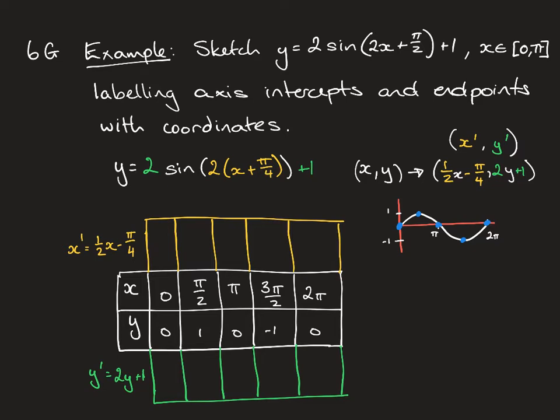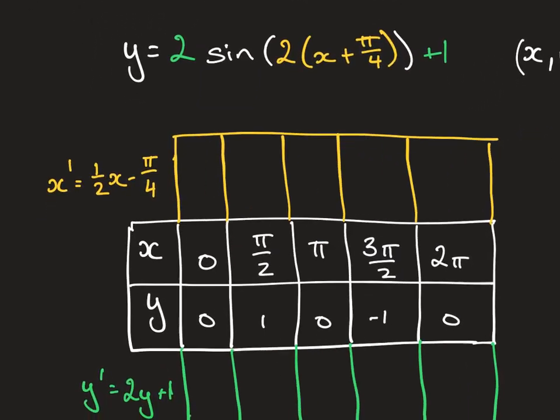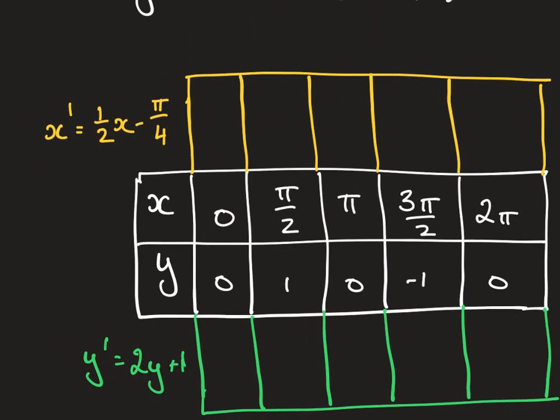So let's go ahead and fill in our first transformed x value. We're going to take our 0 here and substitute it into this equation. Let's just zoom in while we work on this. So we have a half times 0 minus pi on 4, which gives us minus pi on 4.